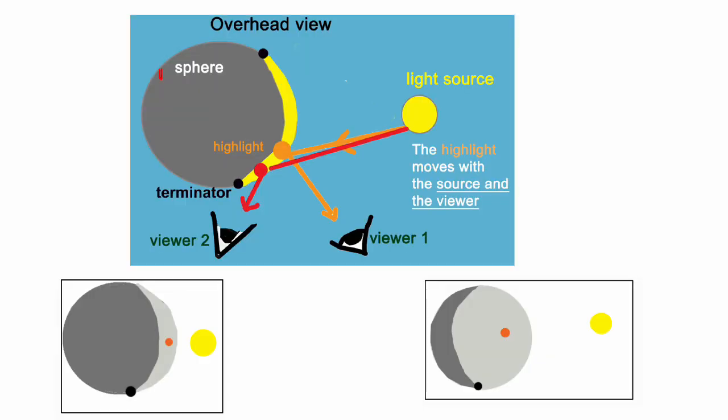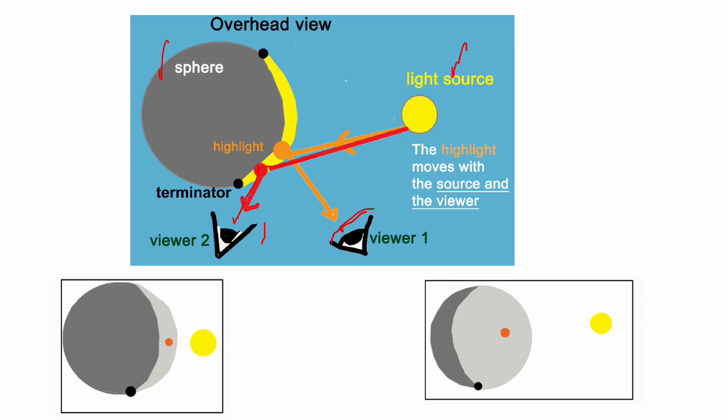So here again we have the sphere and the light source, but this time we have two viewers. This is the one we talked about last time, and now viewer 2 sees a light ray that comes in this direction. As the eye moves further left, the highlight moves toward the terminator, and once the light ray is tangent to the sphere, the highlight is gone.